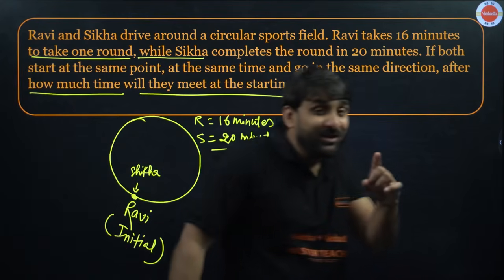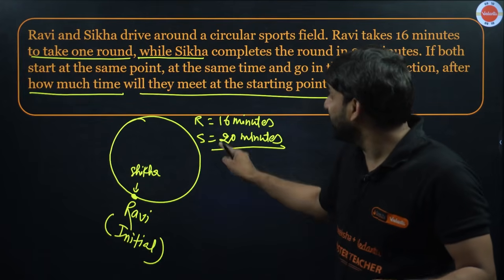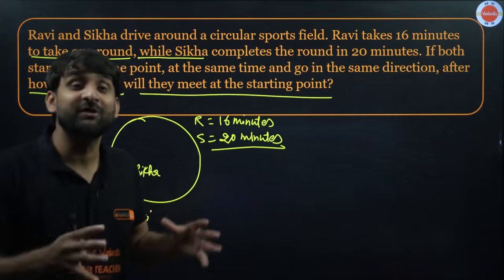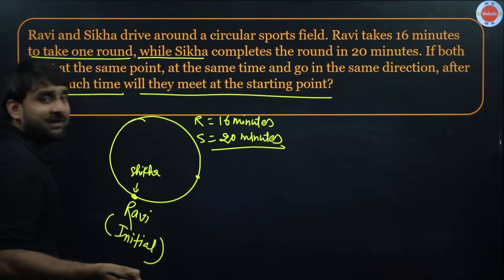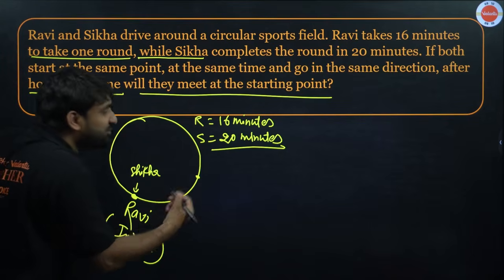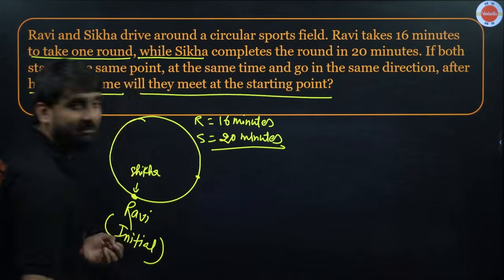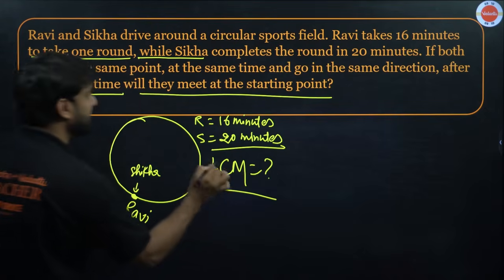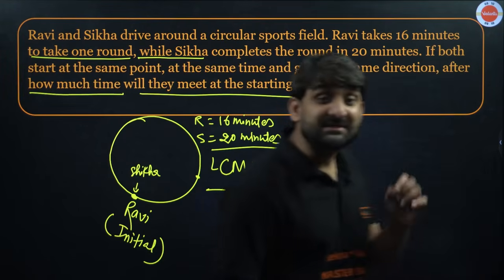It means we have to find the next number which will be divisible by these two, the lowest common multiple. Both numbers should divide that number. So in this question we have to find the LCM of these two times.